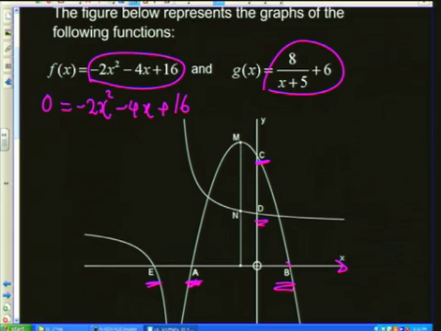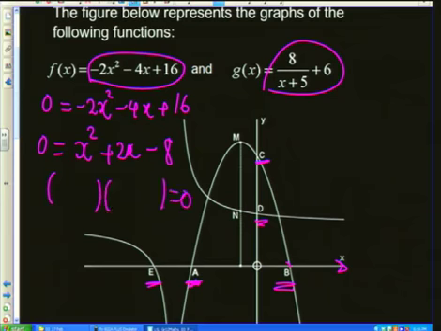So I have 0 equals x squared plus 2x minus 8. Now this is easy to factorize, equals 0. Then I have x, 4, and 2, plus and minus.